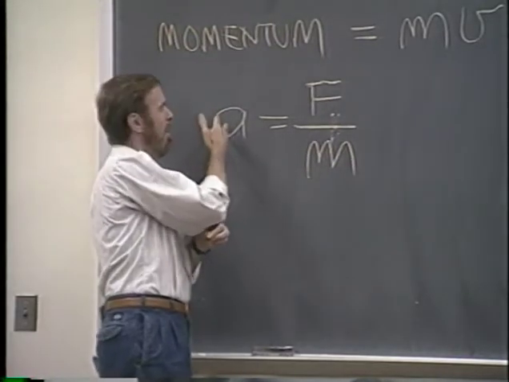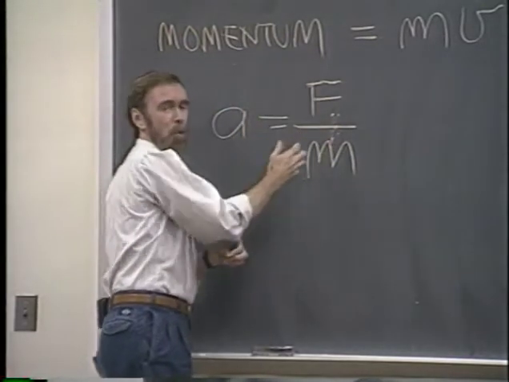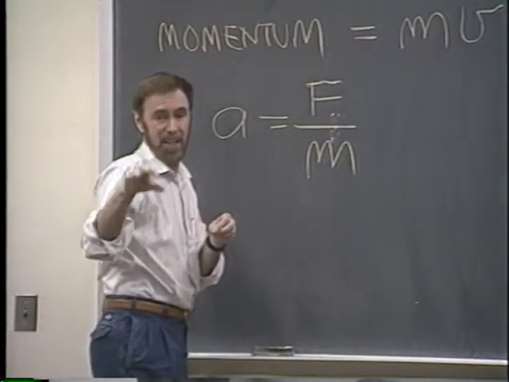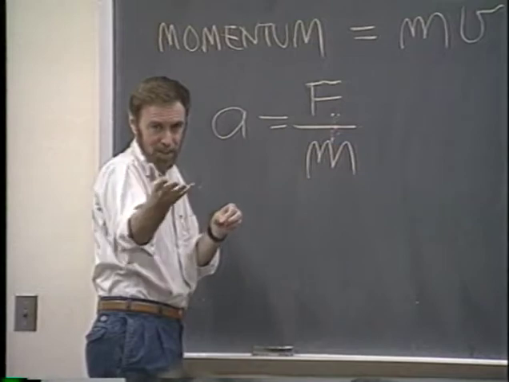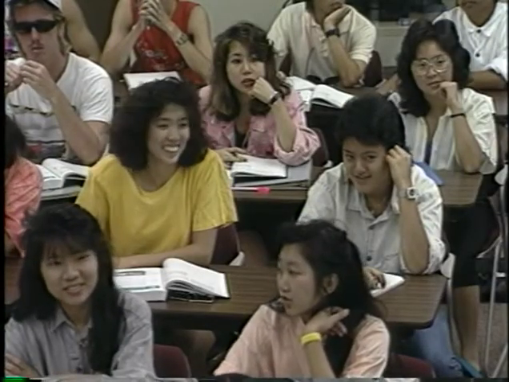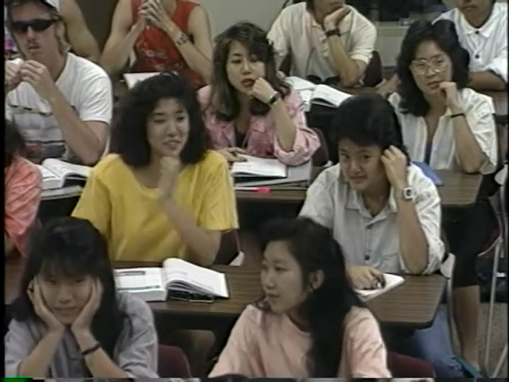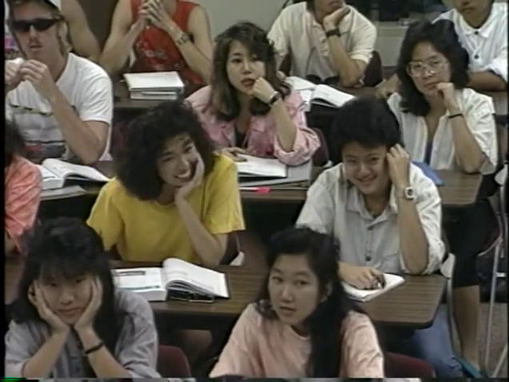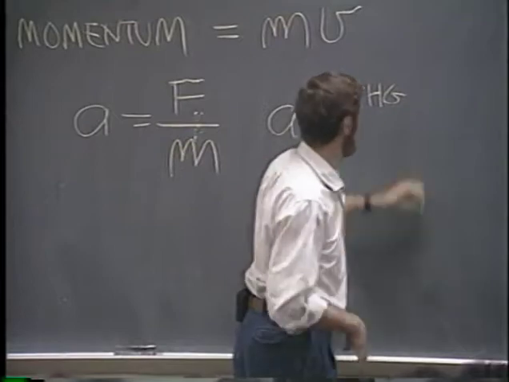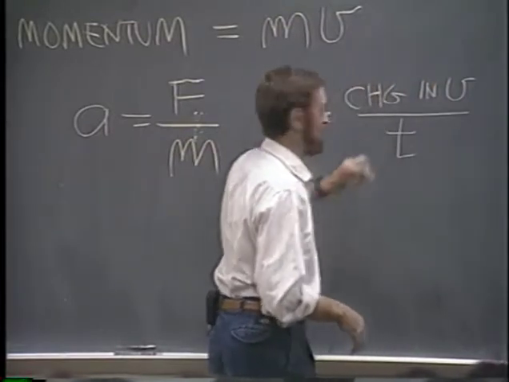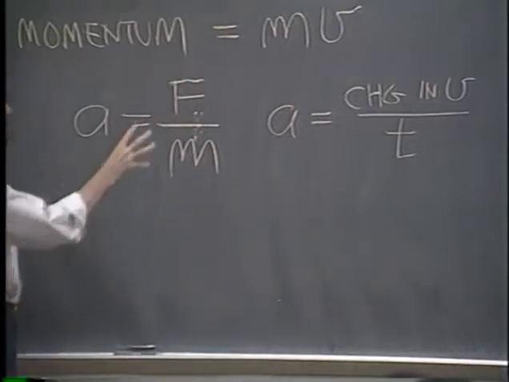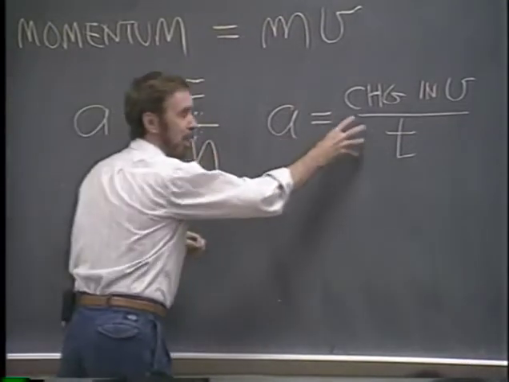If someone asked you, okay, that's how you get it by pushing on a mass, but what is acceleration anyway? It's a change. A change in what? A change in velocity over time. Here's how you get acceleration, and here's what it is.